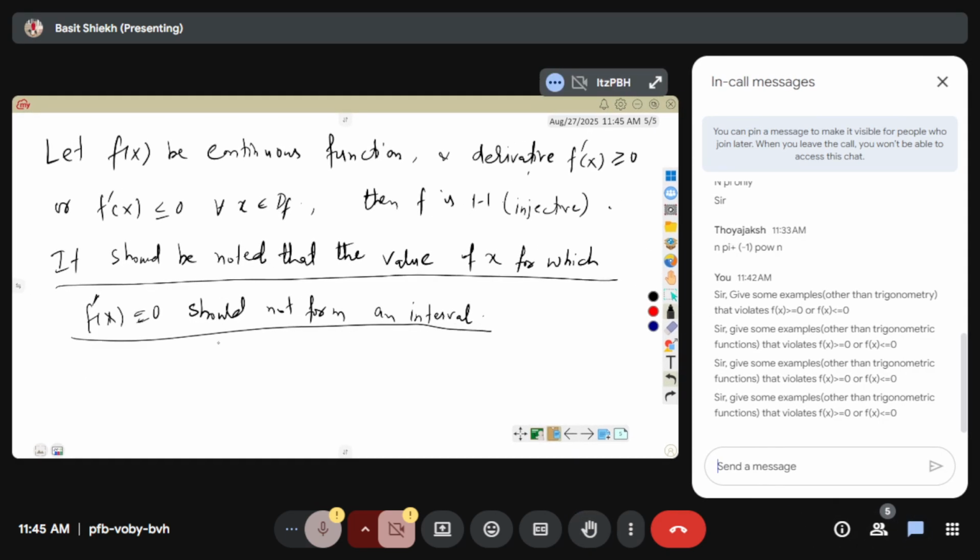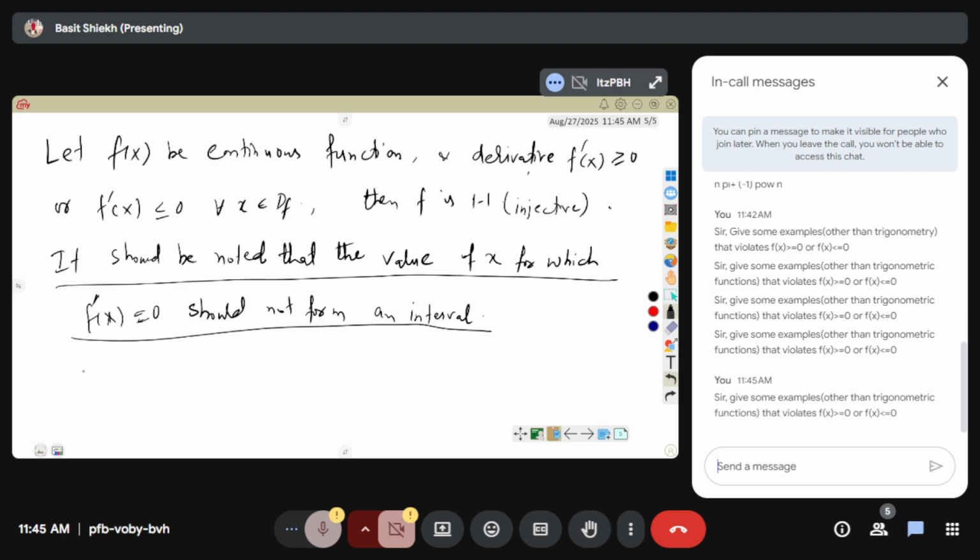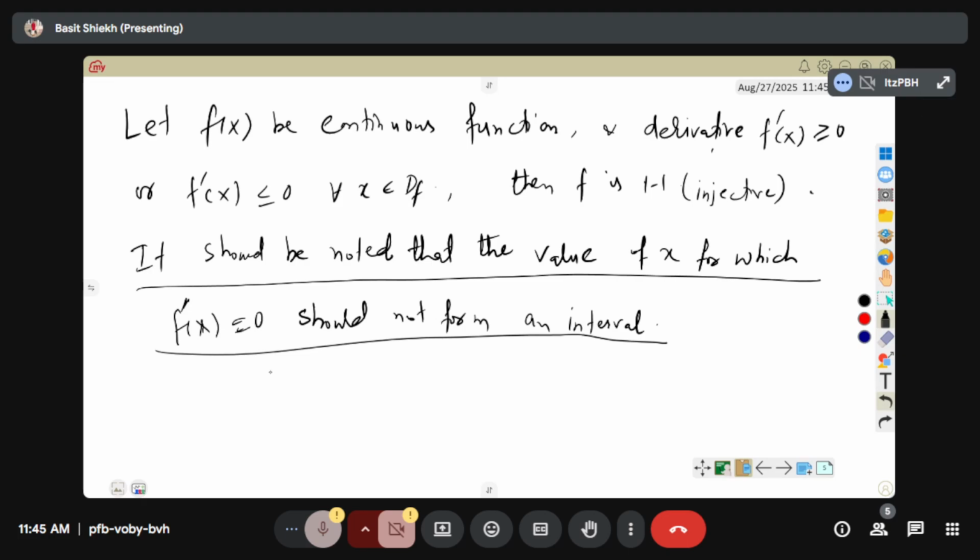And if there are some functions which are not continuous, do not apply it there. Like f of x equals tan x. What is f dash x? Sec square x, which is always greater than or equal to 0. But if you check the tan function, it is not defined at n pi plus pi by 2.